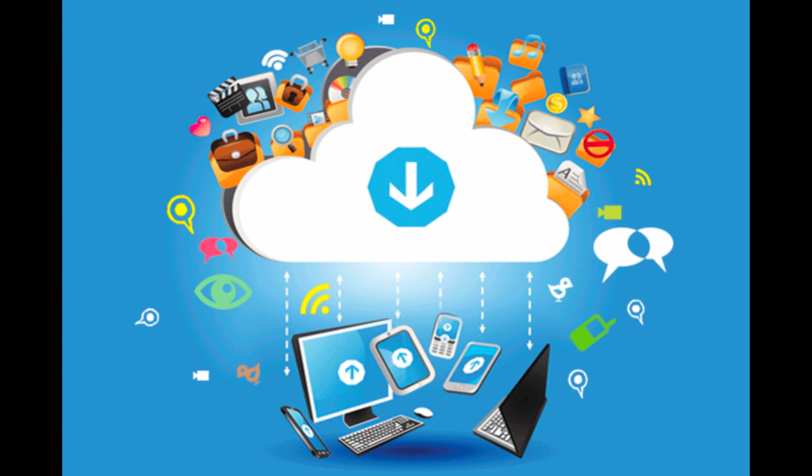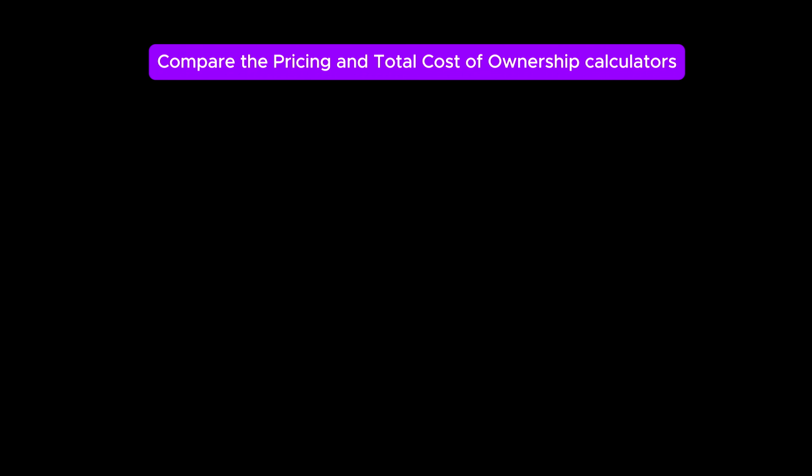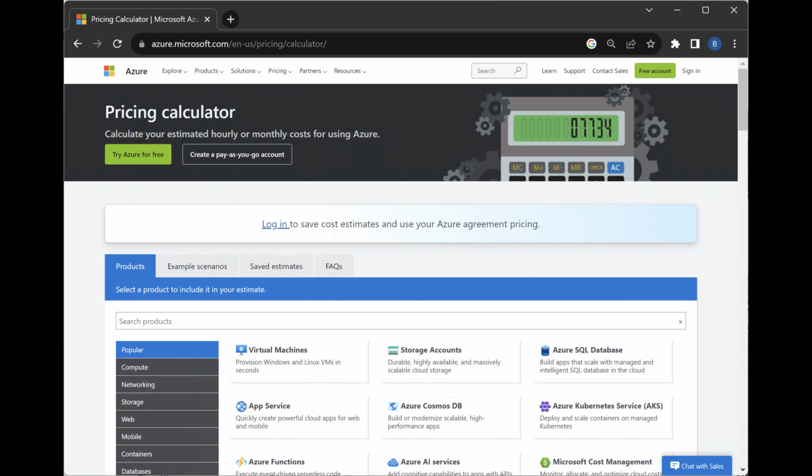Next we will be discussing comparing prices and the total cost of ownership calculator. So let's see how to do this. We have the pricing calculator apart from the TCO calculator. With the pricing calculator, you can estimate the cost of any provisioned resource, including compute, storage, and associated network cost.